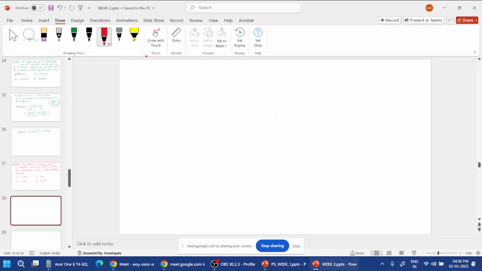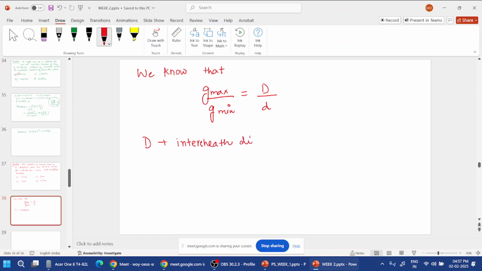We know that G max by G min is equal to capital D by small d. What is capital D? It is the intersheath diameter.